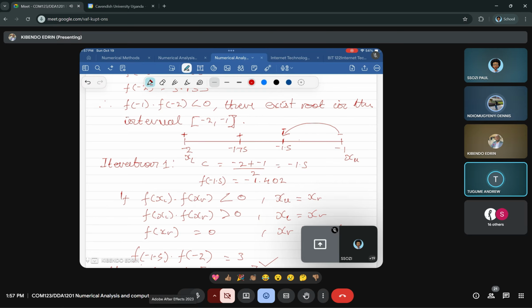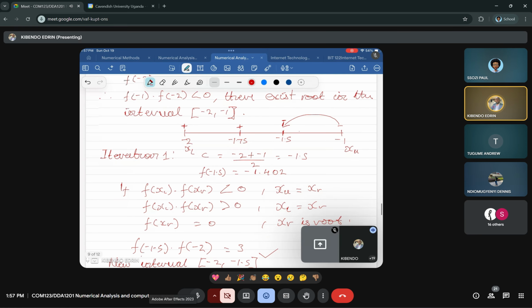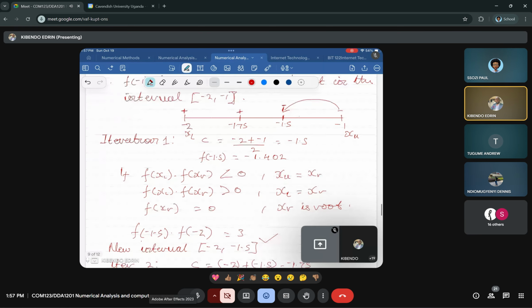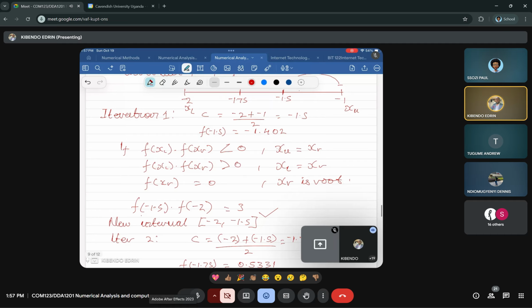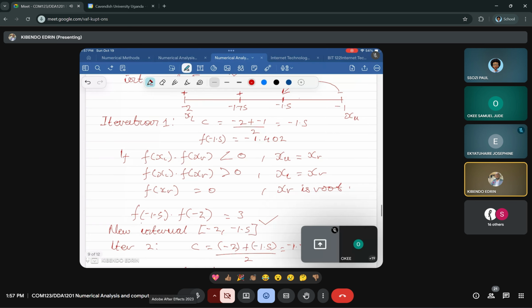So what did the negative 1.5 bring? Negative 1.5 took us to negative 1.402.